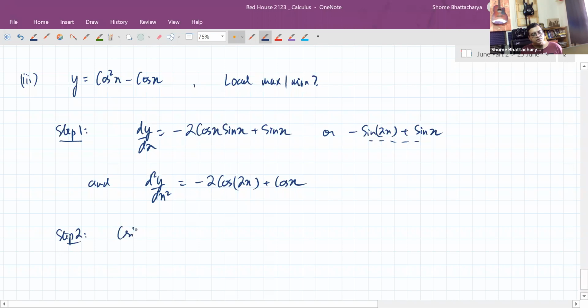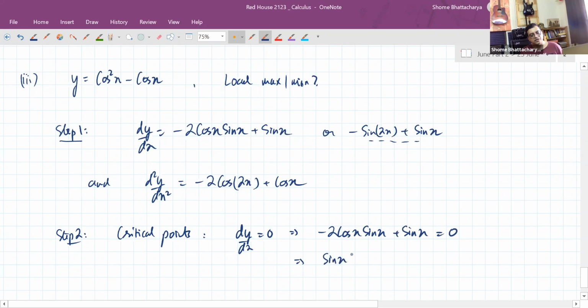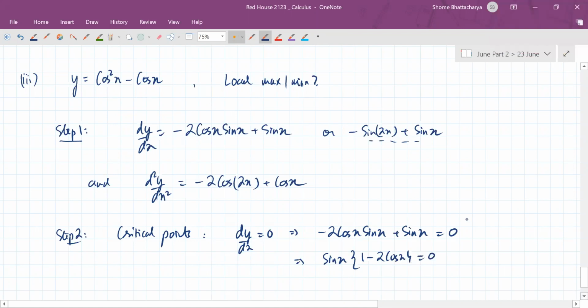Now critical points. For that, to find the roots of this equation, take sin x common. Let's see. Okay.